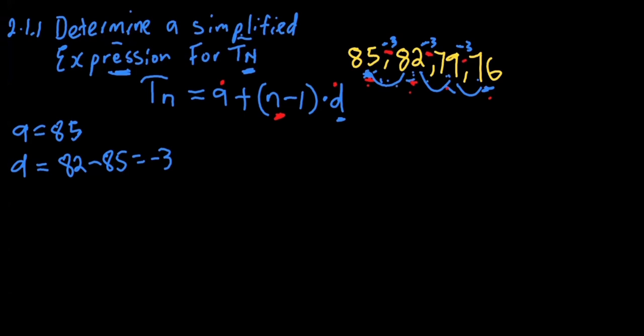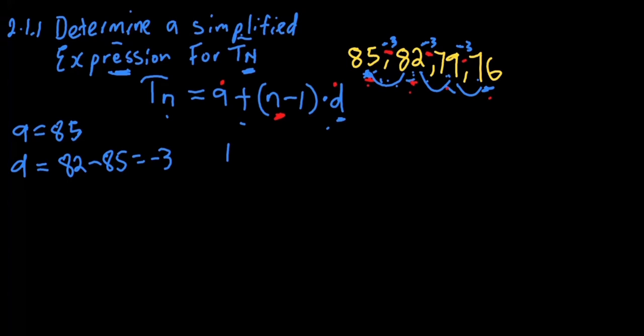Now we substitute A equals 85 and D equals negative 3 into the general formula.